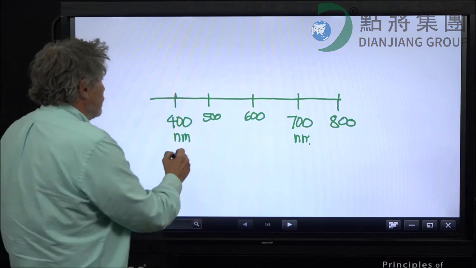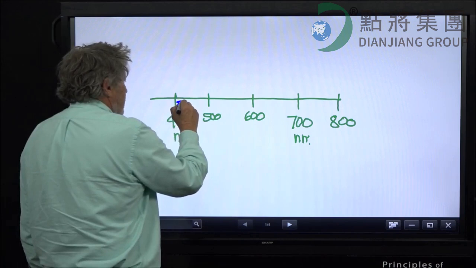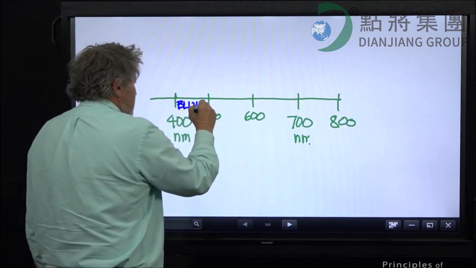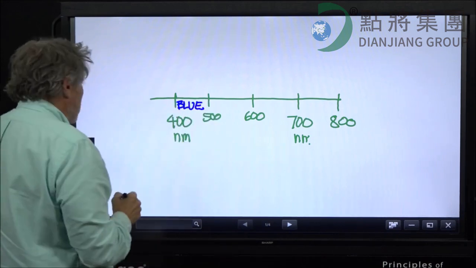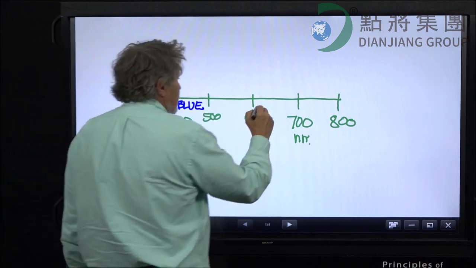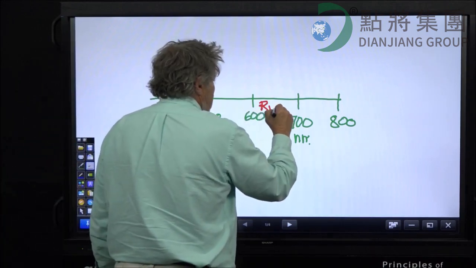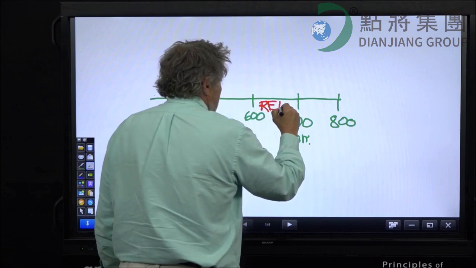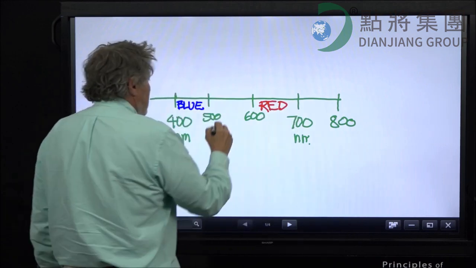Now, if we do blue, this is blue here. This is elementary, but it's important to the understanding. This out here is red. And green right here.